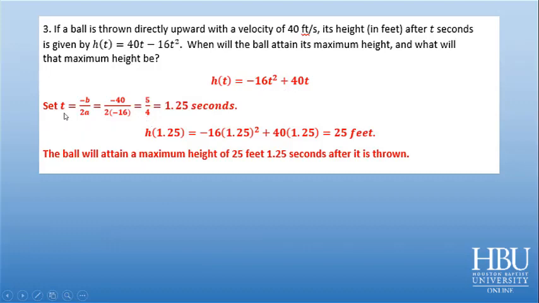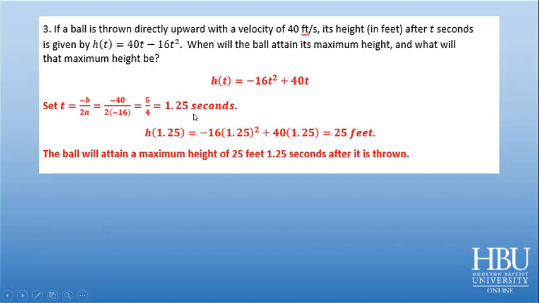To find the time at which the ball reaches its maximum height, I set t equal to minus b over 2a. In this problem, that's minus 40 over 2 times minus 16. That arithmetic works out to be 5/4 or 1.25 seconds.